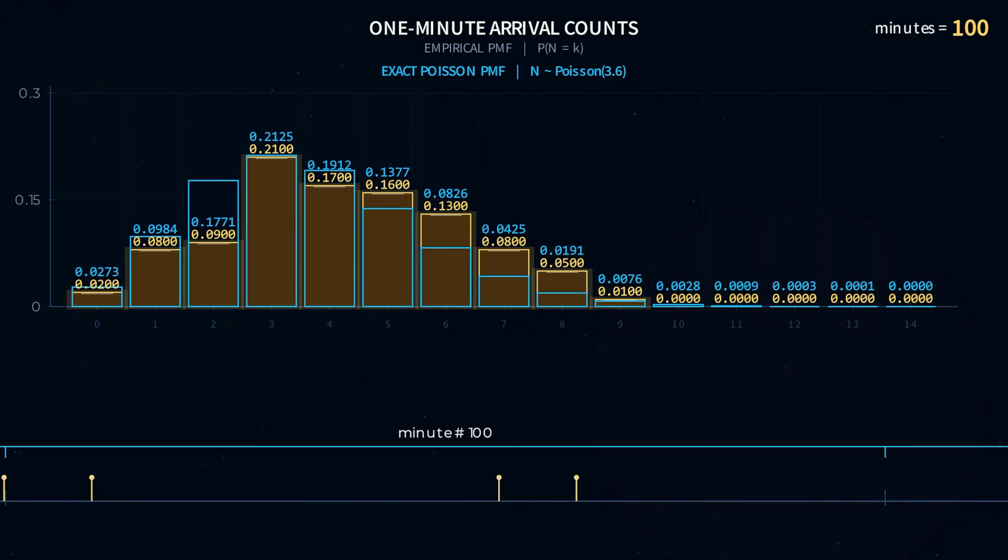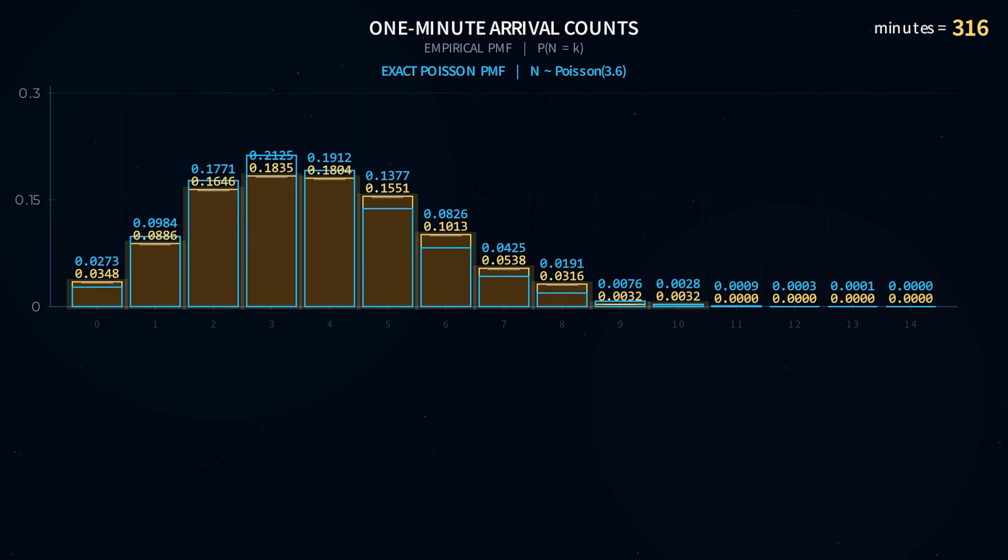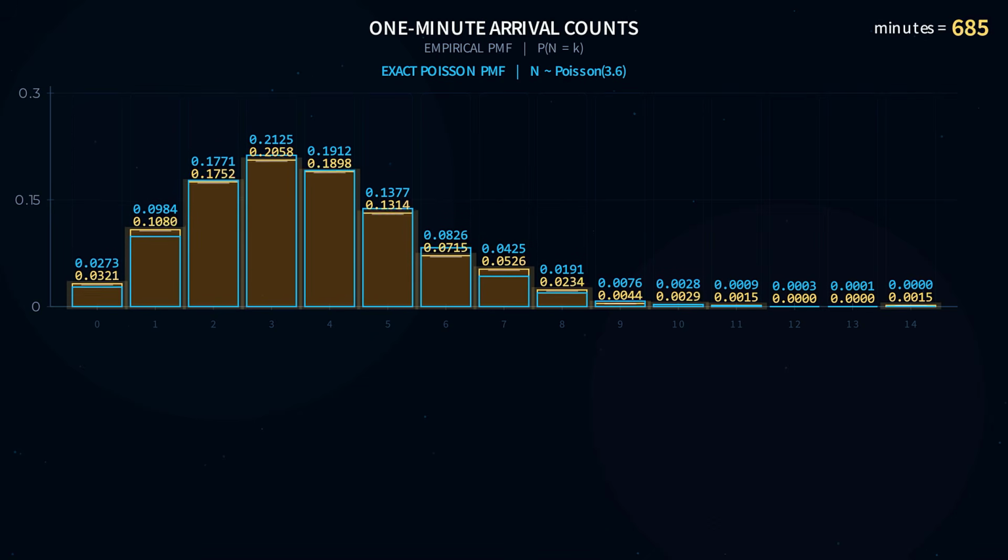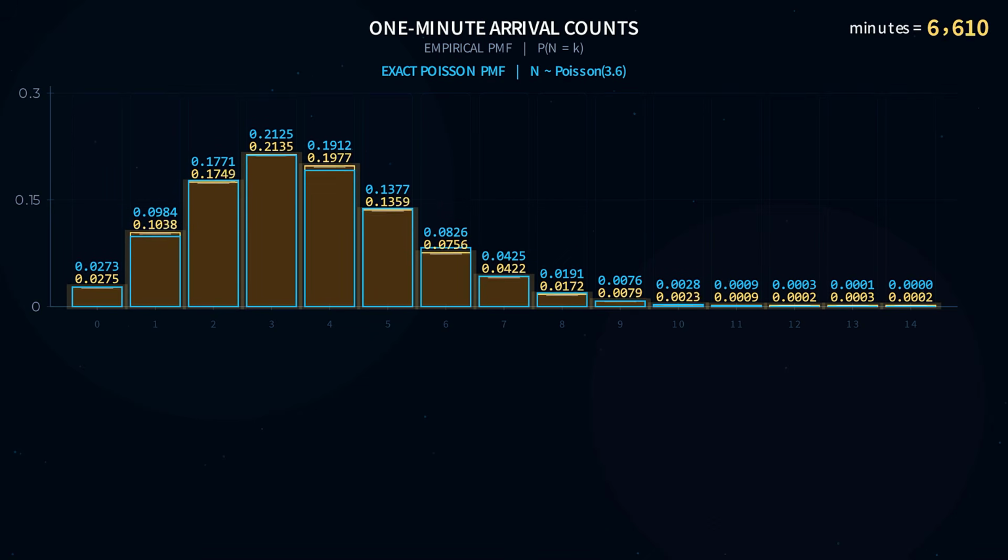But we didn't say anything about what distribution that is. And by repeating this experiment 100,000 times and letting the empirical distribution materialize, we will see what the distribution of the number of arrivals during a 1-minute time interval looks like.